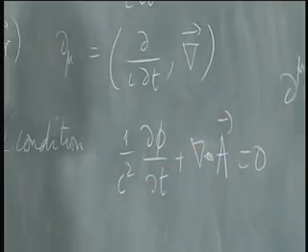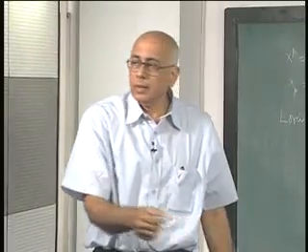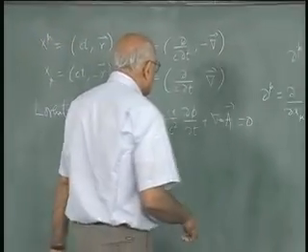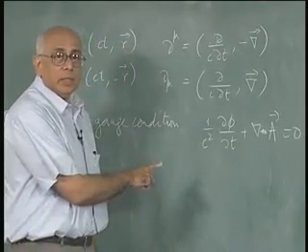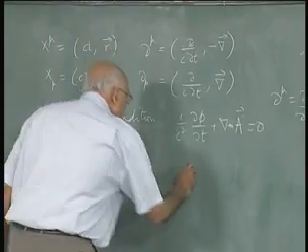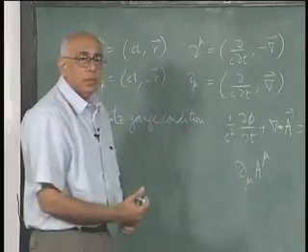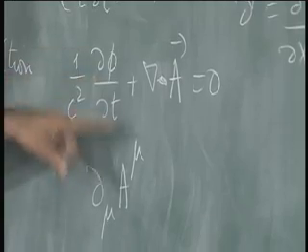It might have struck you that this is a very strange combination, because I said once you put this condition in, then the vector potential A obeys a very simple wave equation. But that is not a strange combination, because this thing here is really just del mu A mu, because the 1 over c delta over delta t is del 0 and phi over c is A 0.